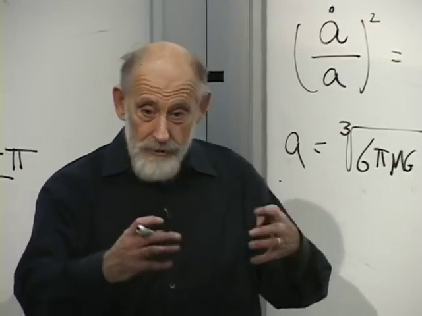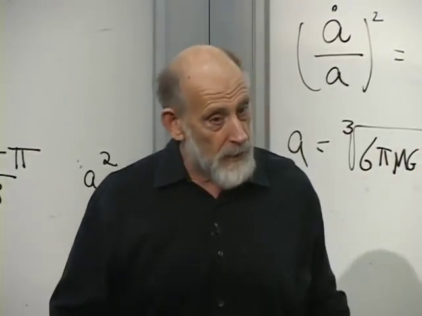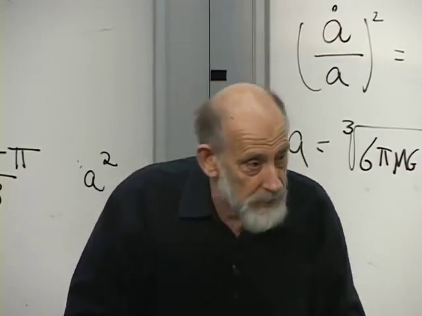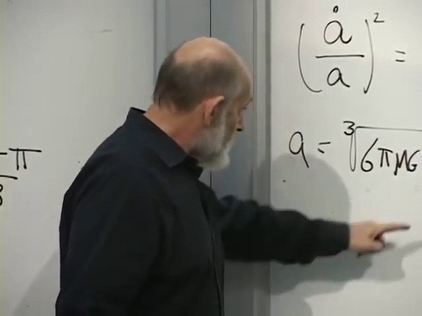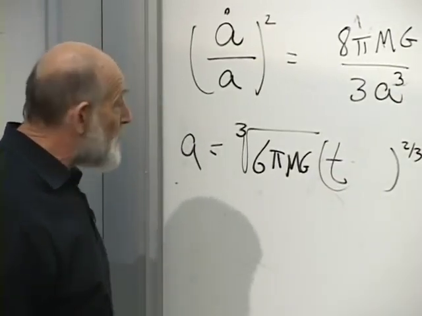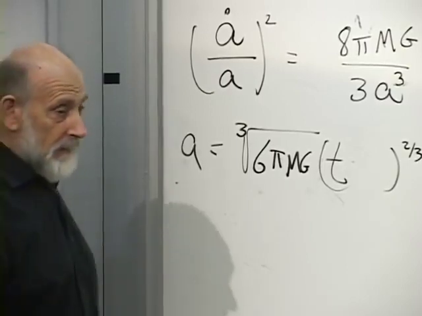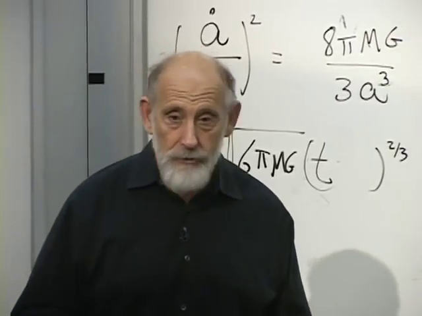A equals 0 is this crazy condition where everything is squashed on top of everything else and the density becomes infinite. Right? And that of course is what we refer to as the Big Bang.